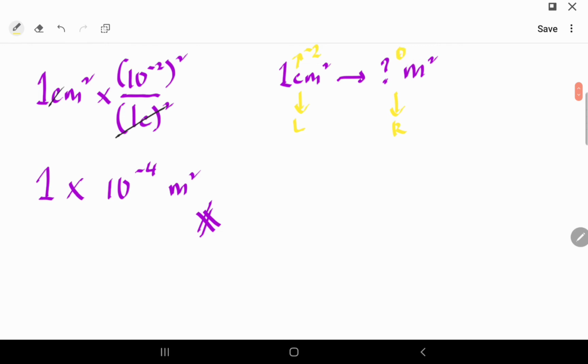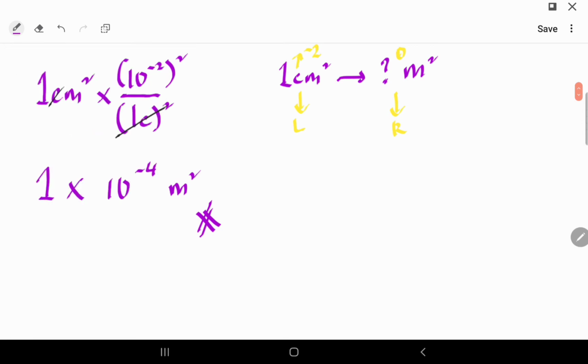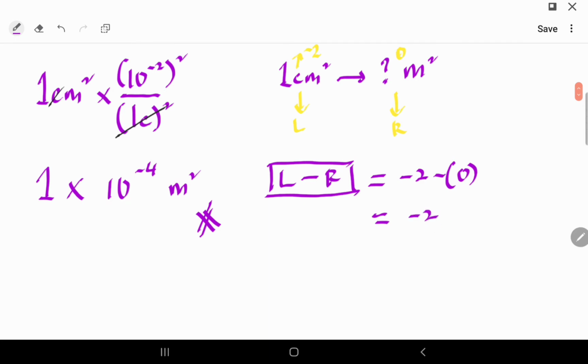We don't have any prefix here. Okay, so by using our left minus right method, what do we have now? Left is negative 2 minus, at the right side there is no prefix, 0, giving you negative 2. But something is wrong here.